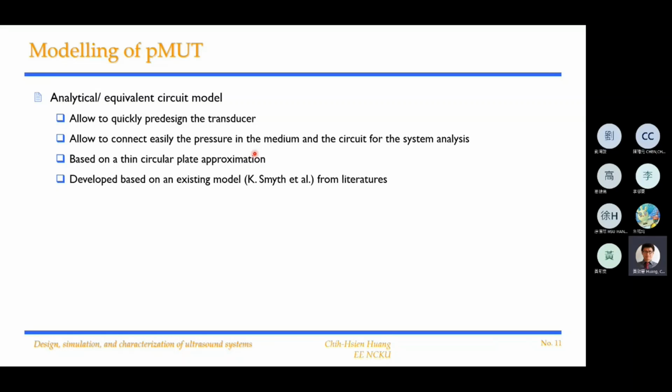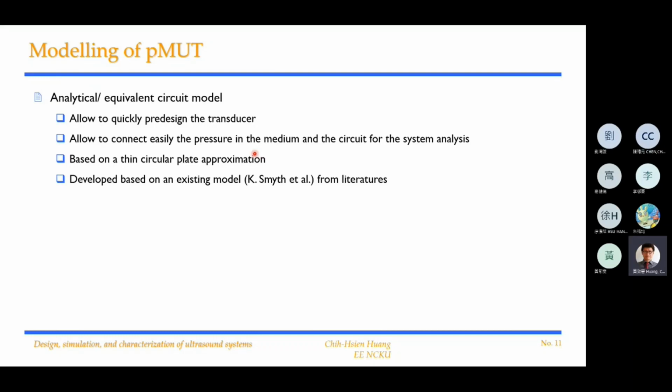Okay, so to simplify it, when we do a PMUT, we have the electrical domain. So we have input voltage or output voltage, and after that we have a mechanical domain, right? The vibration of the supporting layer is a mechanical domain simulation. And the third one is the acoustic part.